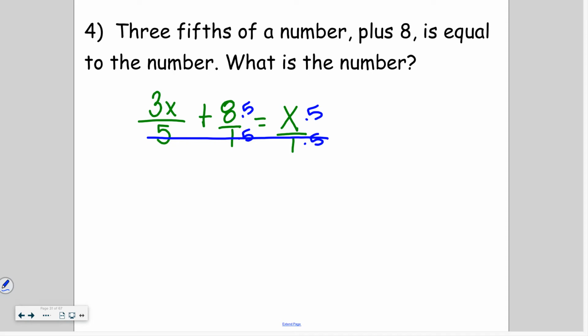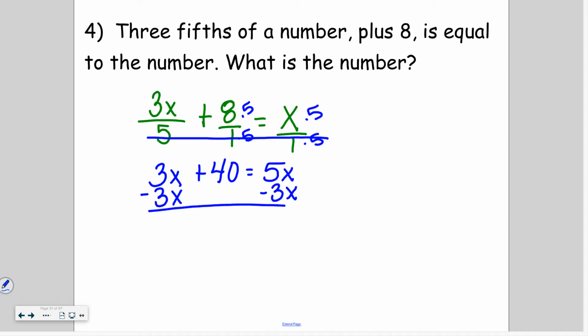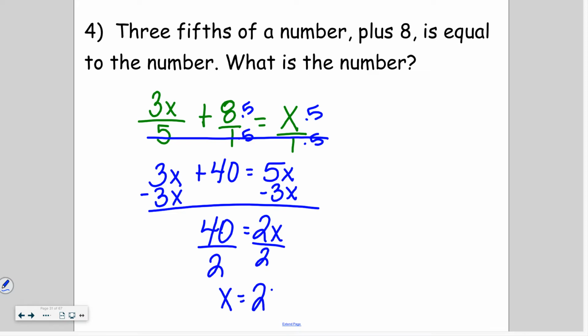That's going to get rid of that, so I have 3x plus 40 is equal to 5x. Get my x's together. I'm left with 40 is equal to 2x. Divide by 2. x is equal to 20. And there's your answer.